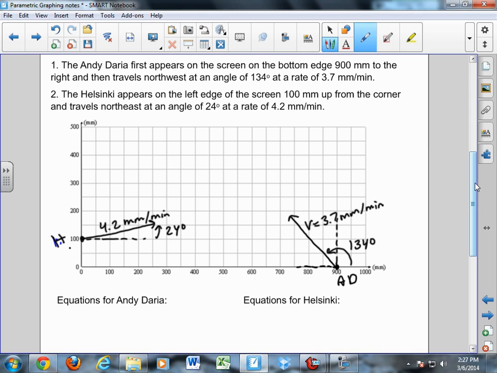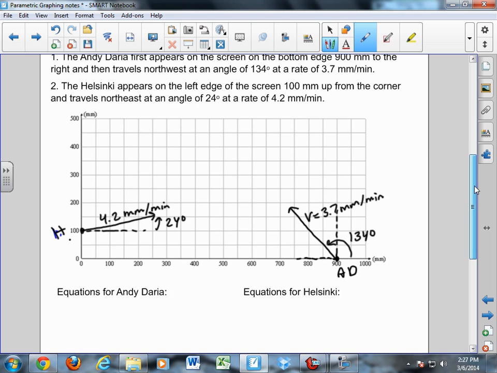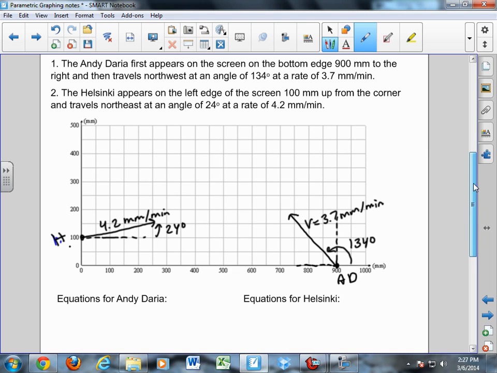I did want to point out, and I might have mentioned it in the previous slide, just as a little side note, that often when you're dealing with navigation, the way the angles are actually named is not the traditional way we've been doing it in math.